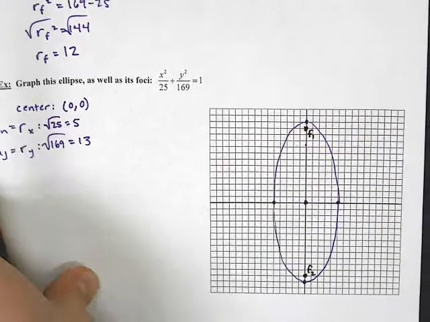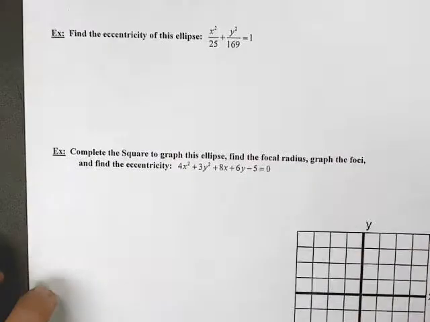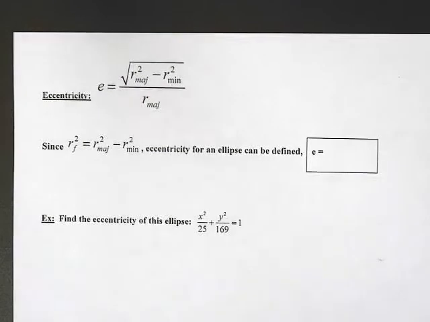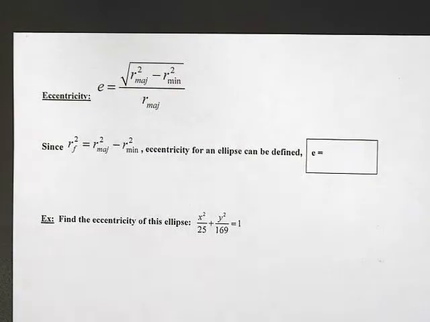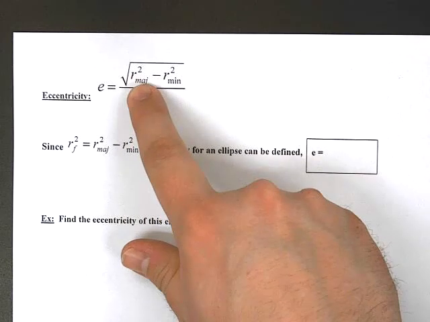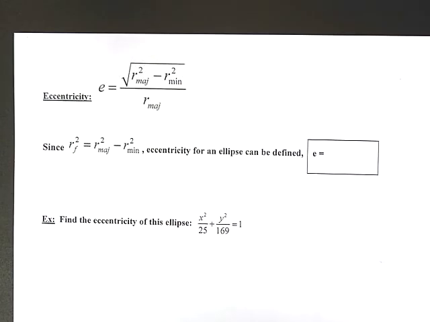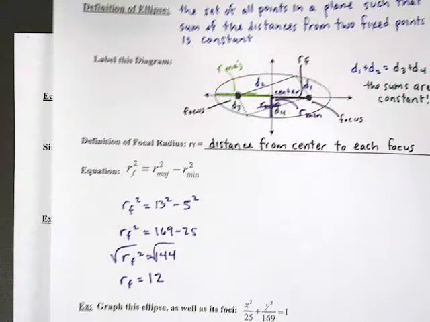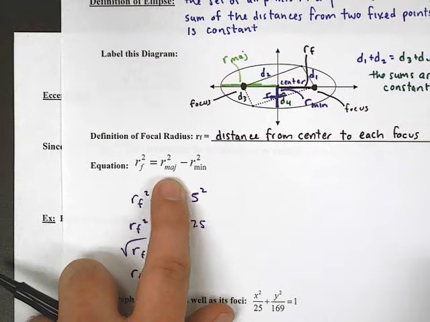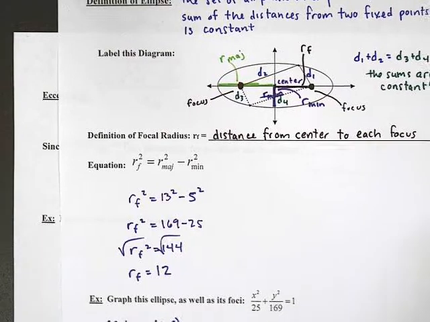Now yesterday we talked about eccentricity a little bit. Eccentricity is kind of a crazy looking formula, but we just learned that the major radius squared minus the minor radius squared is actually the focal radius squared.